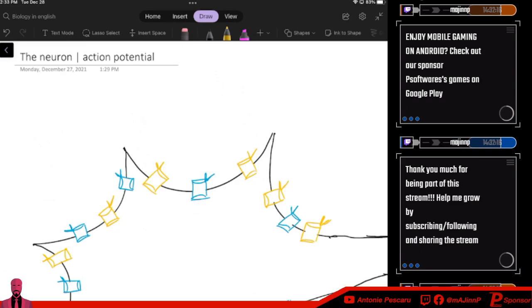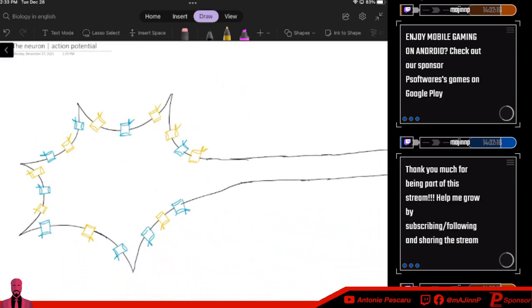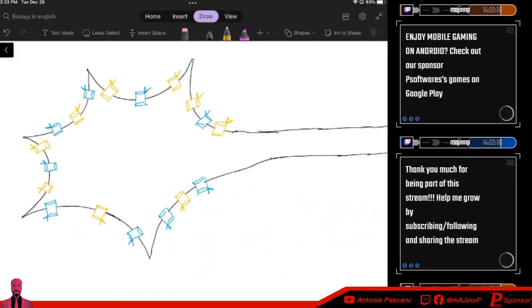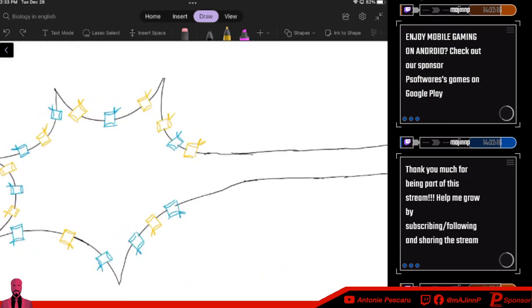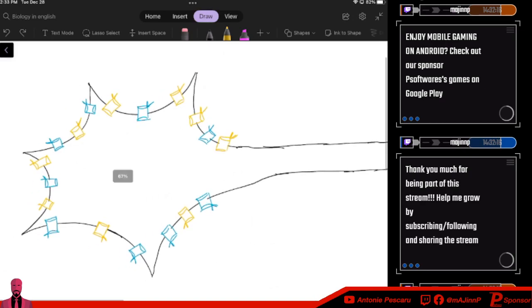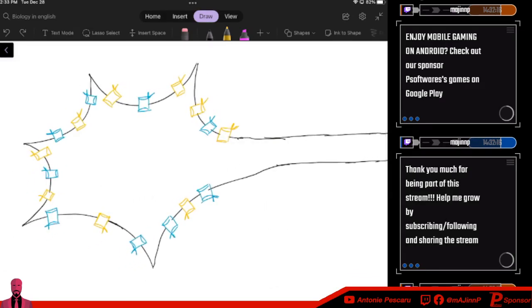The reason why I showed you the graph is because I'll also be drawing the graph at certain parts of the explanation, basically.